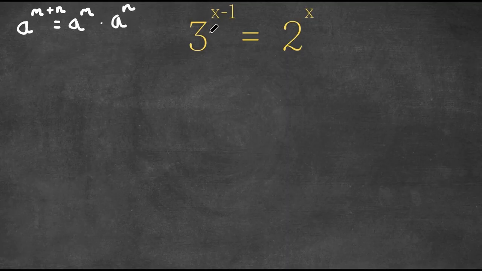So as you can see here, we have 3 to the power of x minus 1. This can be written as 3 to the power of x times 3 to the power of negative 1. And this is equal to 2 to the power of x.